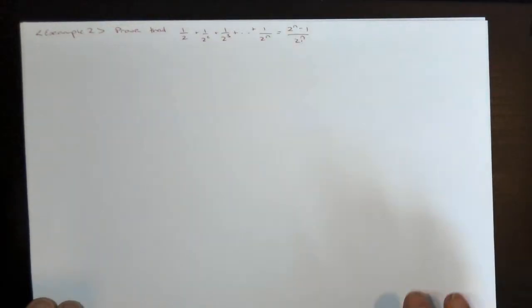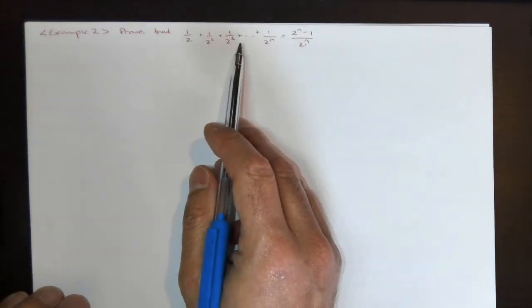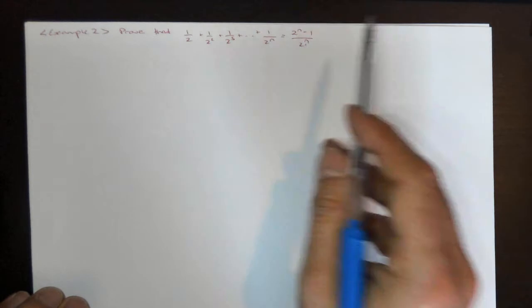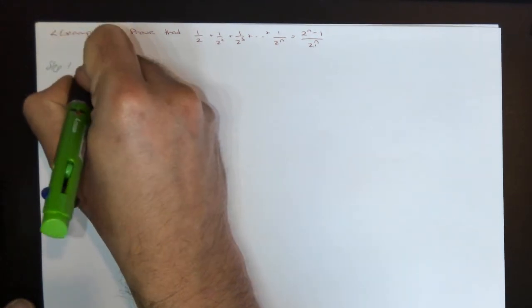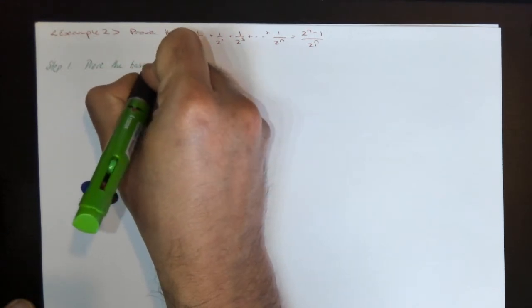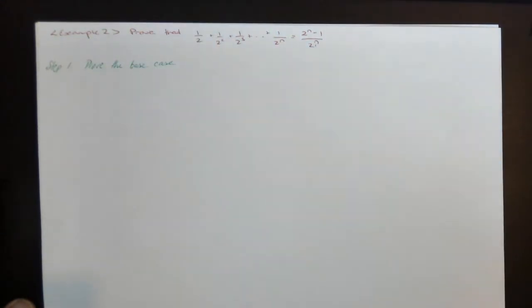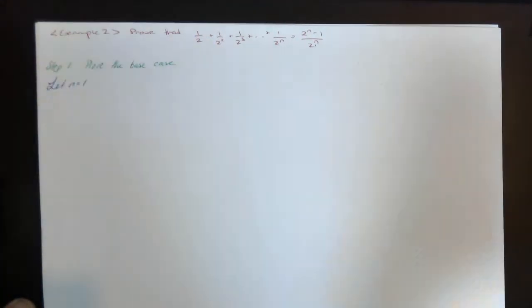Example 2. We want to prove that a half plus 1 over 2 squared plus 1 over 2 cubed plus all the way up to 1 over 2 to the n is equal to 2 to the power of n minus 1 all over 2 to the n. So step 1, we want to prove the base case. So we're going to let n equals 1.